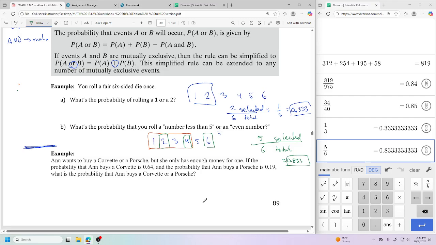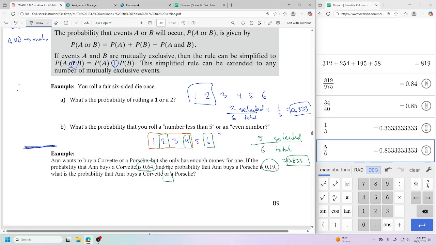Awesome. Are y'all okay with that? Cool. So Anne wants to buy a Corvette or a Porsche, but she can't buy both. So if the probability of a Corvette is this much, and the probability of a Porsche is that much, what's the probability of a Corvette or a Porsche? Now, here's the thing.